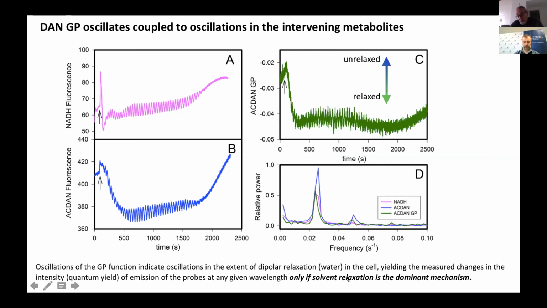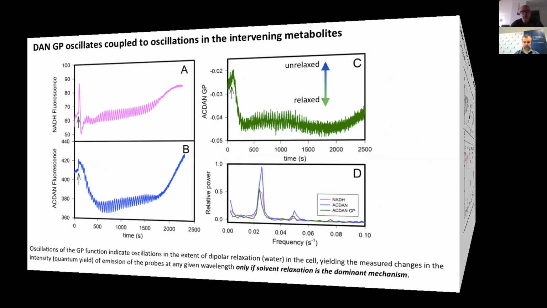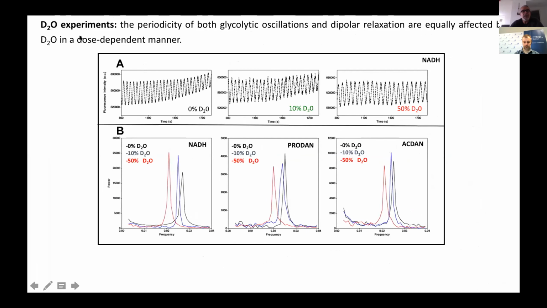And a very important control we performed with these things is to add deuterium oxide experiments. I remember when I was working in Enrico's lab as a postdoc, we were discussing the solvent relaxation mechanisms in membranes. So in a membrane, for example, you have a phase transition from gel to fluid phases, and then you use the Laurdan probe to follow the phase transition of the membrane.